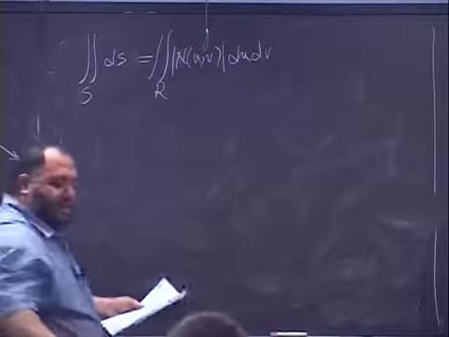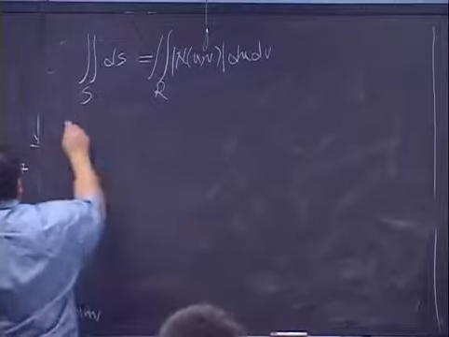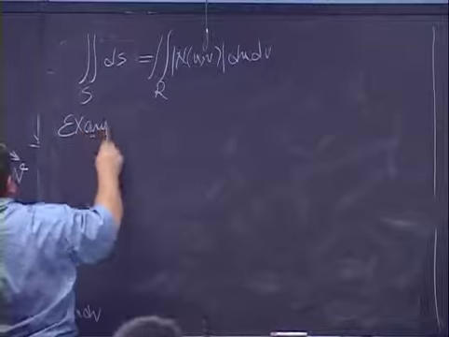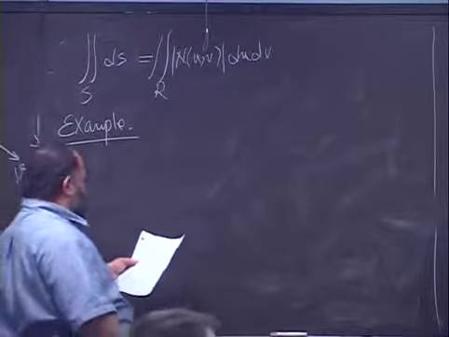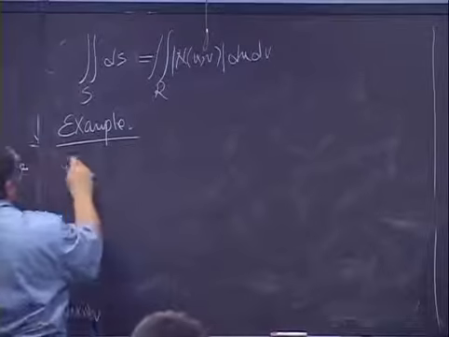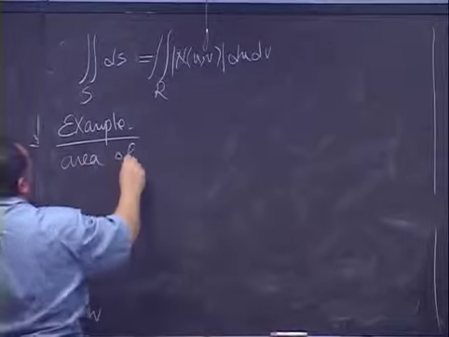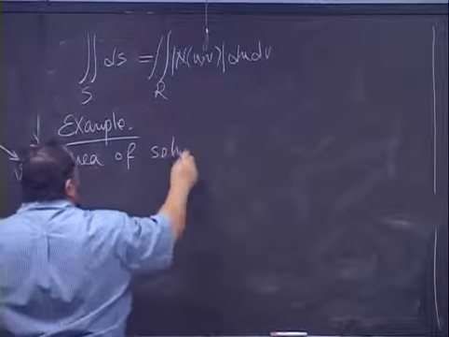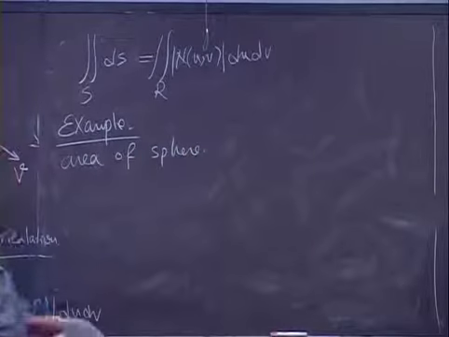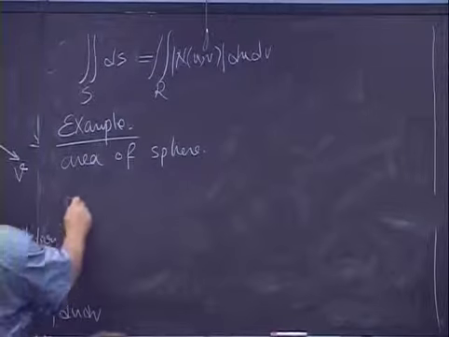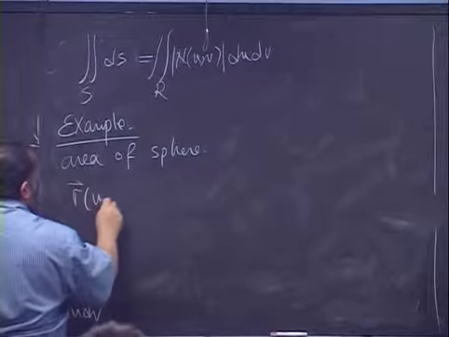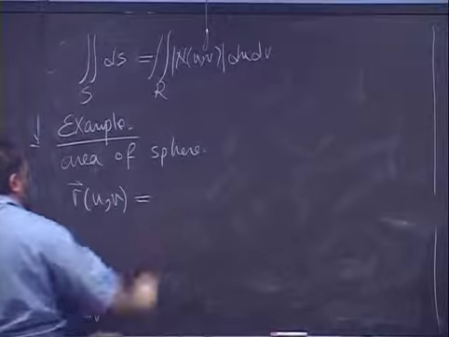Let's take an example to illustrate it: the area of a sphere. Again, we will represent the sphere parametrically. So r of u and v is equal to what?